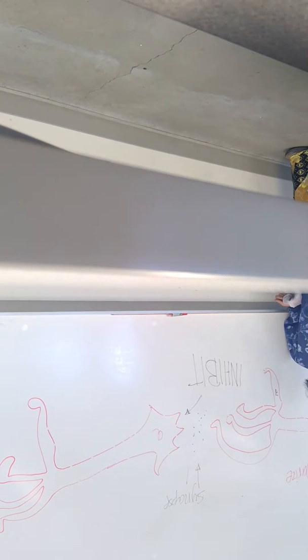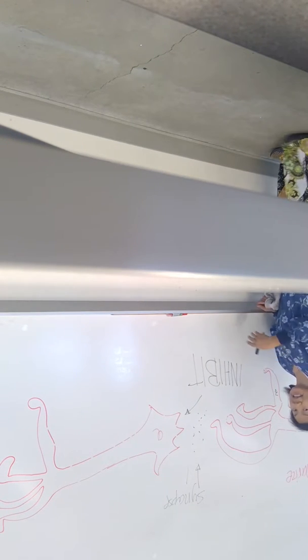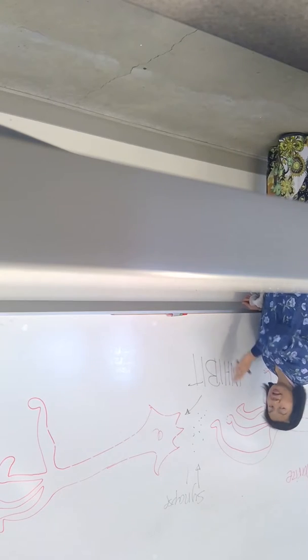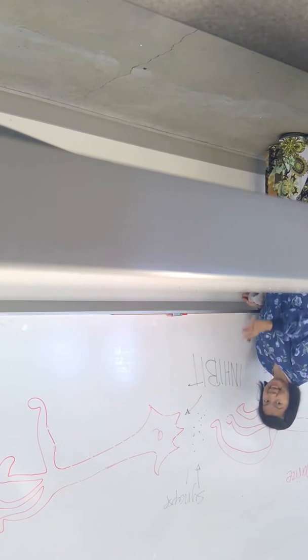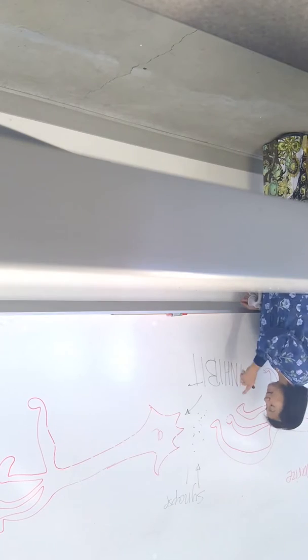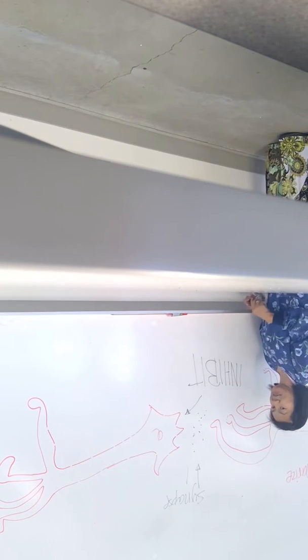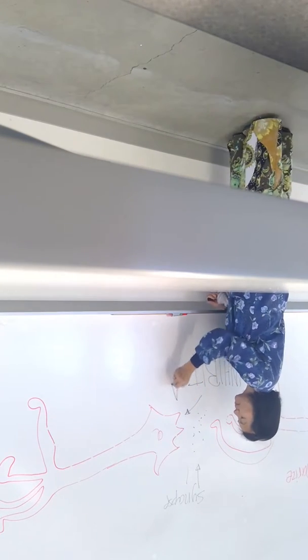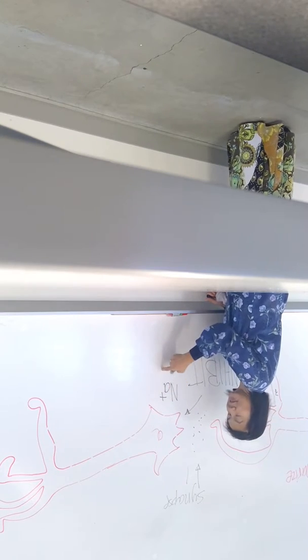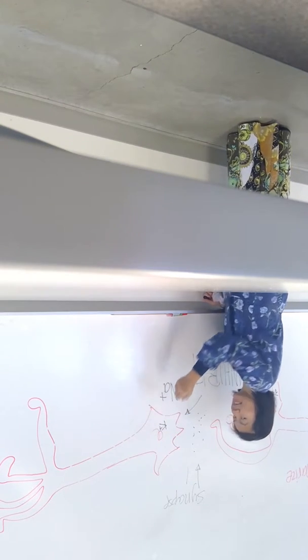Or GABA, gamma aminobutyric acid, or lidocaine, the anesthetics, they're inhibitory. So let's think, because neurotransmitters will open gates. But let's look at the gates, right? We have sodium, which is abundant here. We have potassium, which is abundant here.